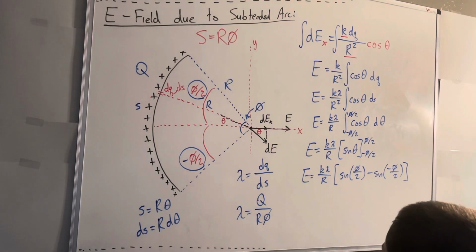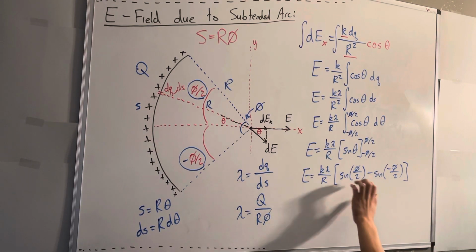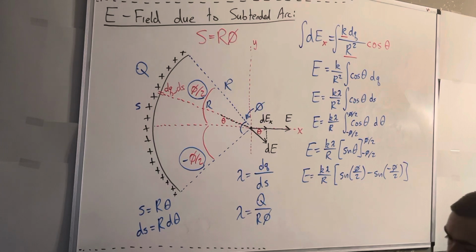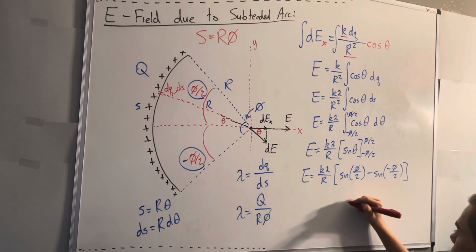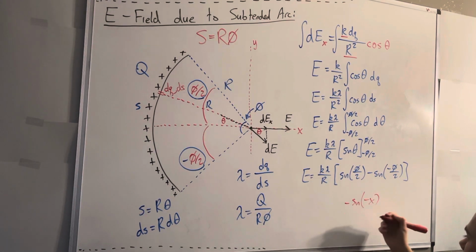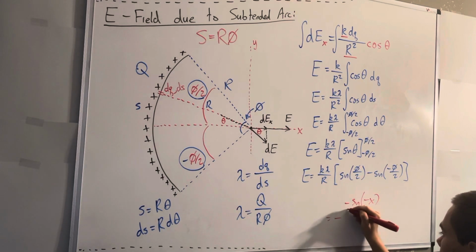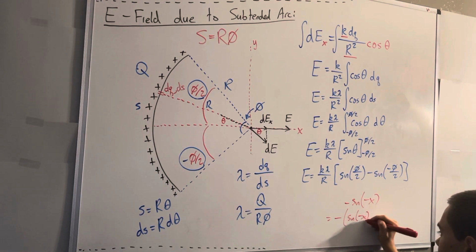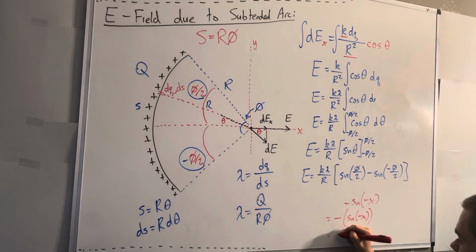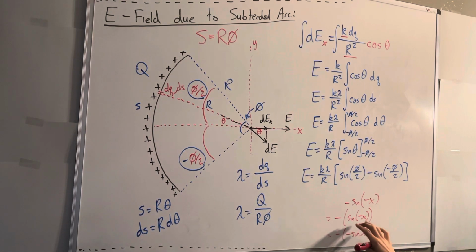Now check this out. We can actually rewrite this as the sine of phi over 2 plus the sine of phi over 2. Because the sine of negative x is the negative sine of x, so the negative of the sine of negative x is the negative of the negative sine of x, and you see how this becomes positive.